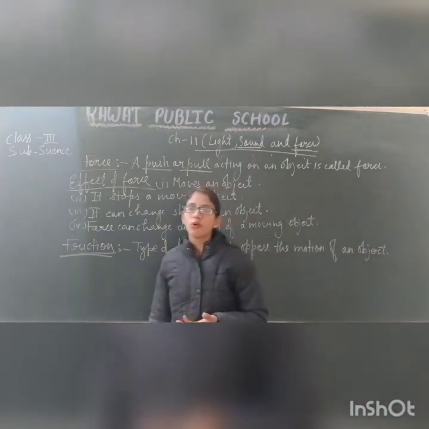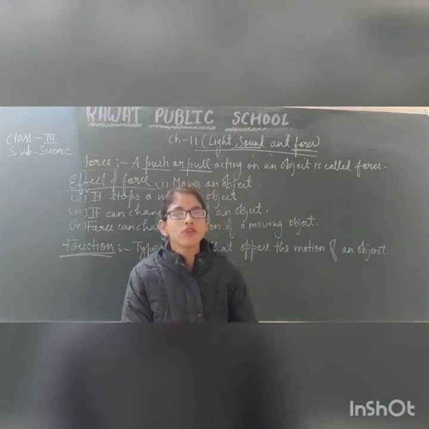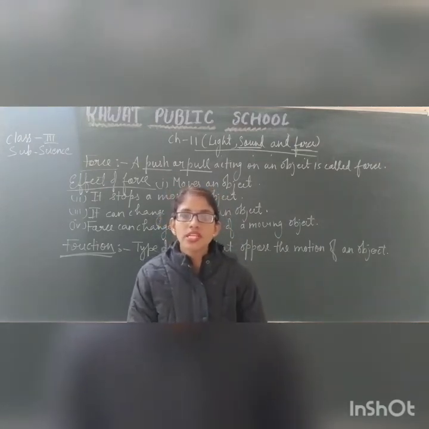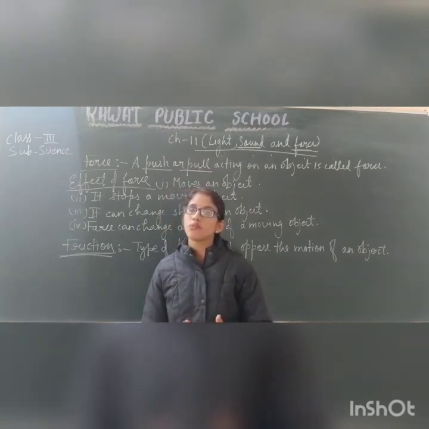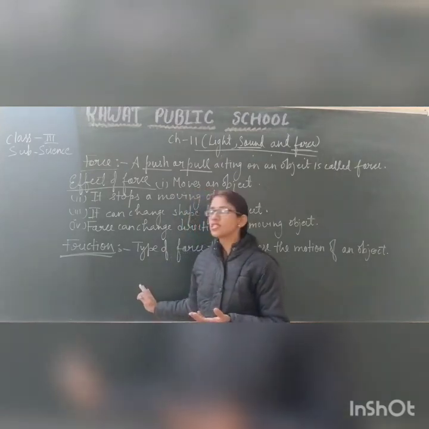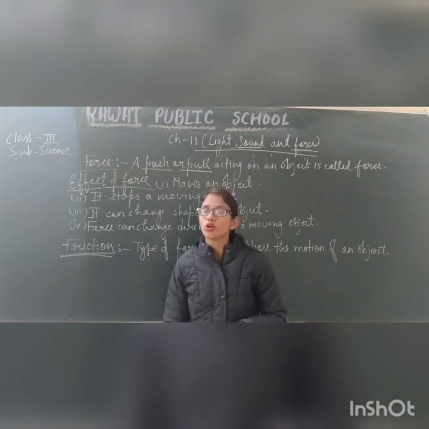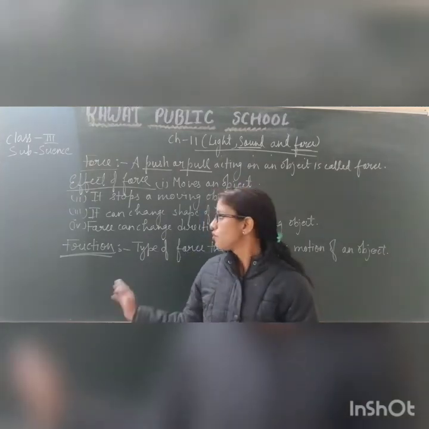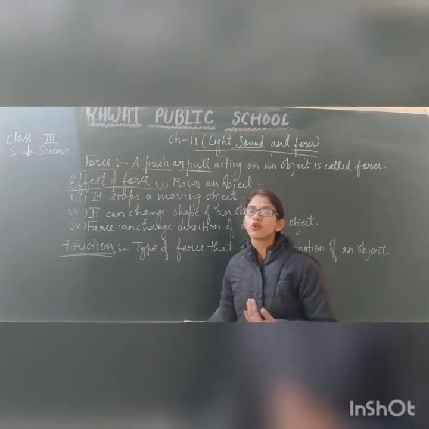We cannot see the force, but we can see the effects of force, as it moves an object, stops a moving object, changes the direction of a moving object, and changes the shape of an object. Lastly, we discussed friction. It is a type of force that opposes the motion of an object, and it also helps us to walk on the floor.